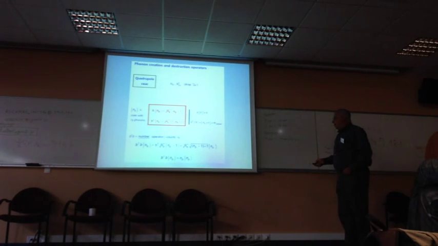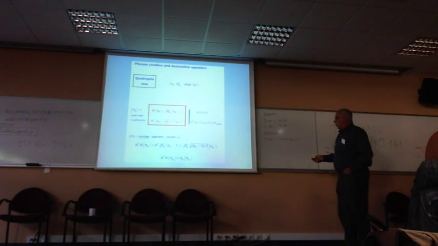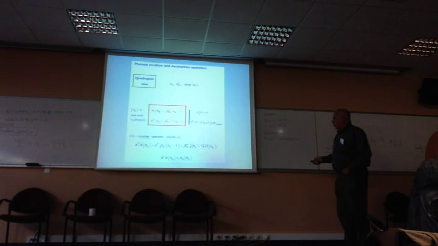And then B dagger operating on NB minus 1 will give you NB back, and it'll give you this square root. I'm just using this formula, but starting with NB minus 1. Okay, the square root of NB minus 1 plus 1 is square root of NB. So this gives you square root of NB times square root of NB times the wave function NB, which gives you NB times what you started with.